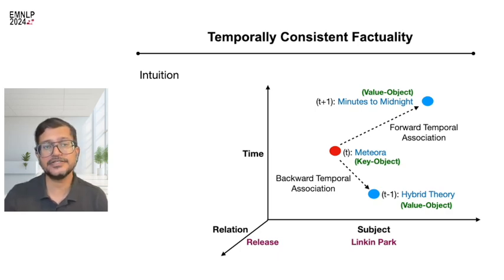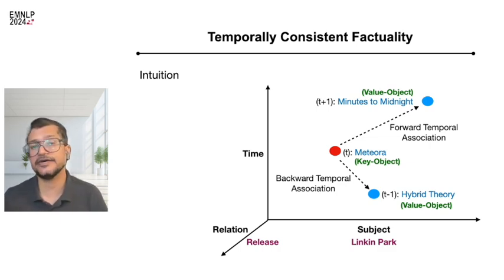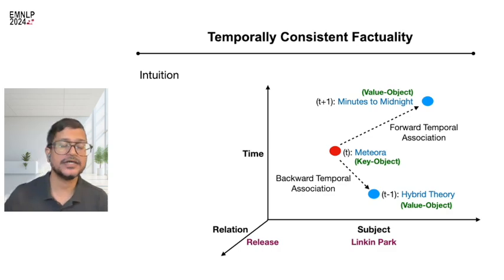The entities associated with a particular subject and relation can differ on this temporal axis, and they can carry a forward association or a backward association with another entity.